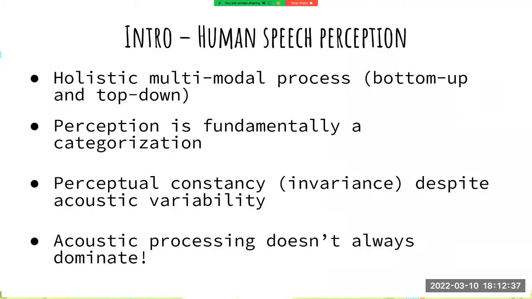We have both bottom-up processes, basically whatever you hear, all the stimuli, and top-down, where your brain has different schemas and expectations: what word is going to be said in what setting after which one, or which person can talk in which way, or what kind of language they can use. So we have all sorts of expectations and top-down knowledge in our brain that guides our perception, and not only for speech, but for pretty much anything.